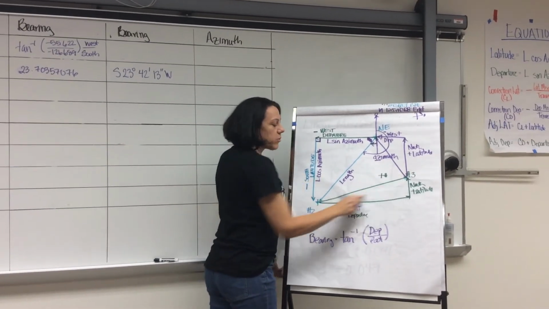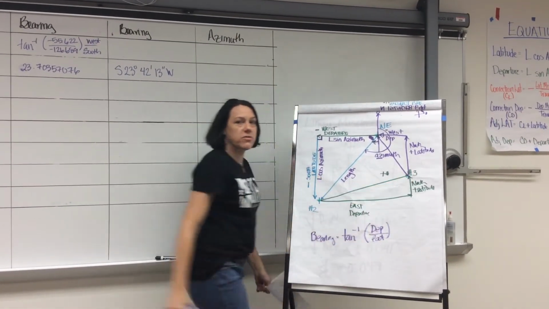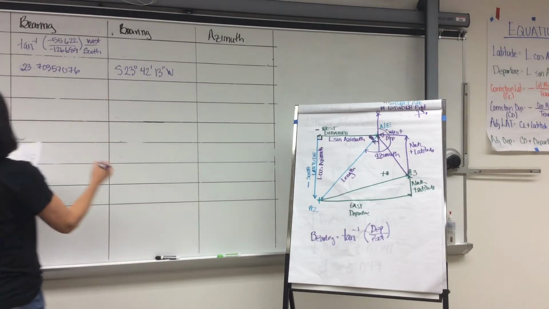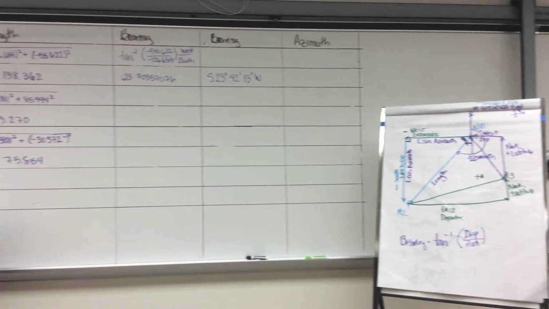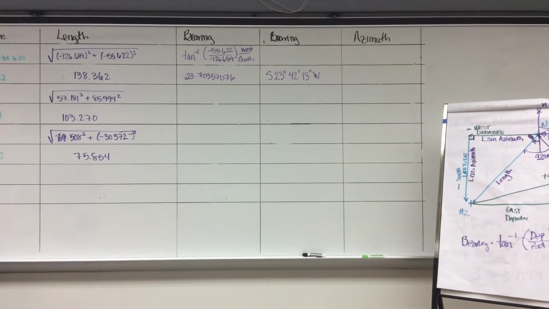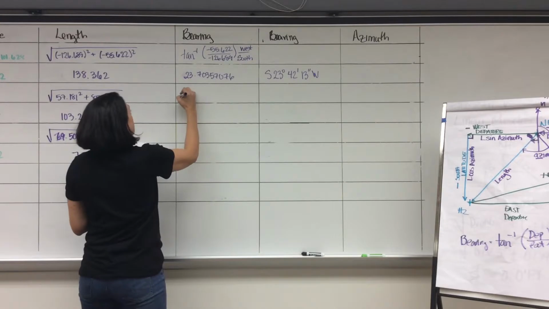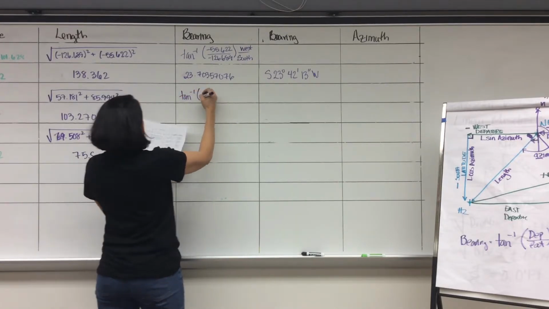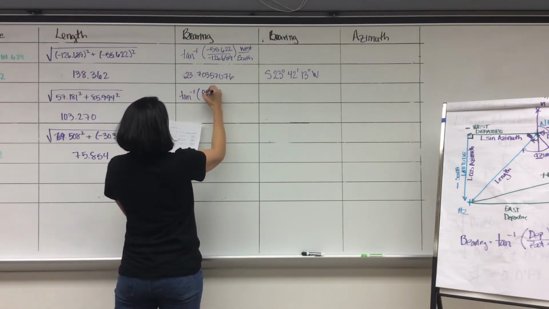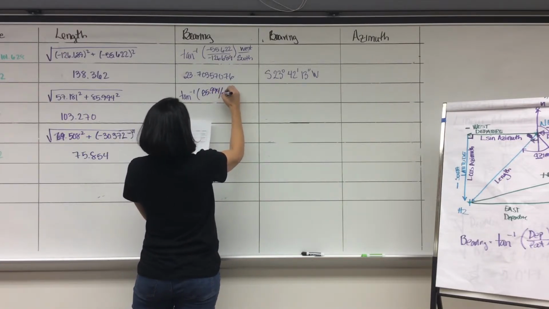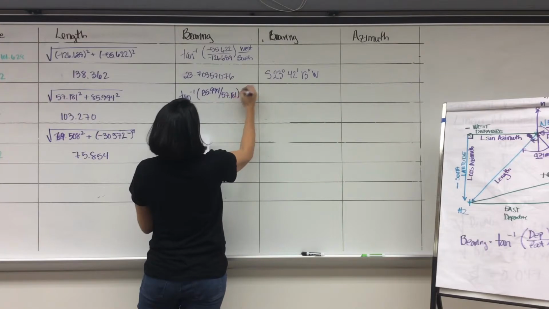So going from 2 to 3, which direction am I going? Going northeast, right? I can tell that I'm going northeast just by its positive values. So I write tan inverse of 85.994 over 57.181.